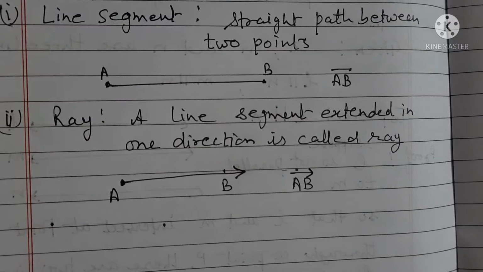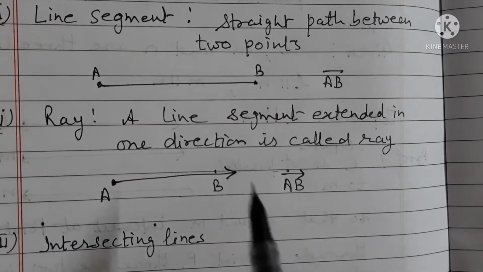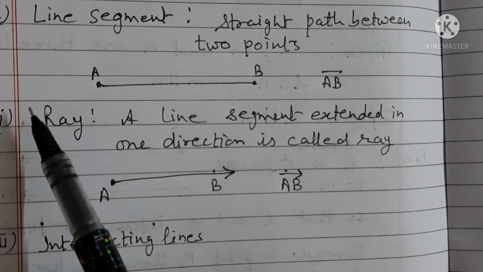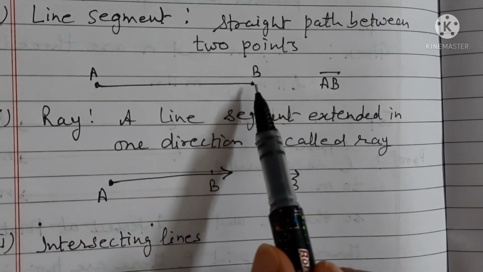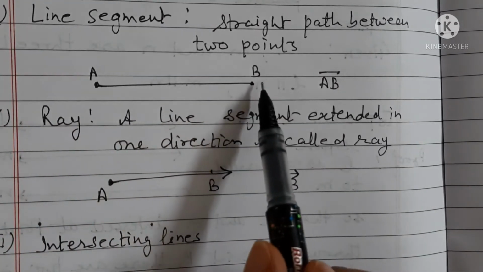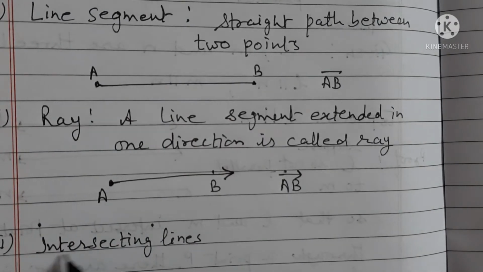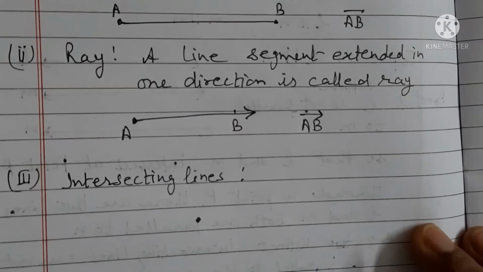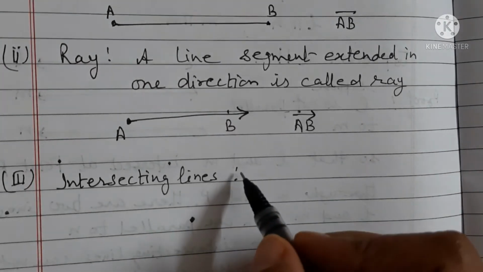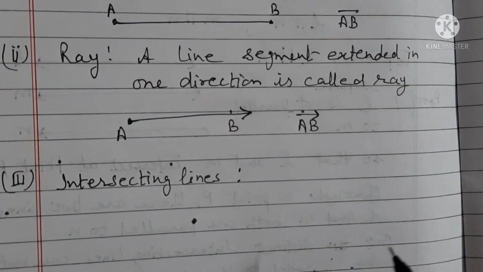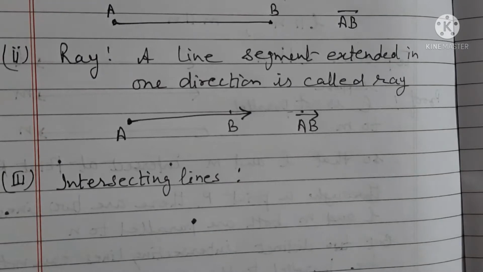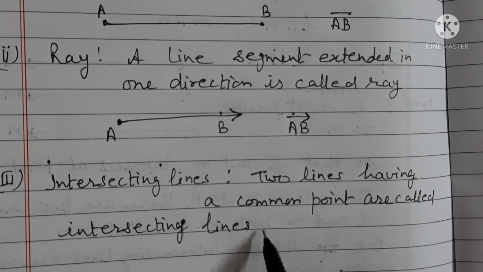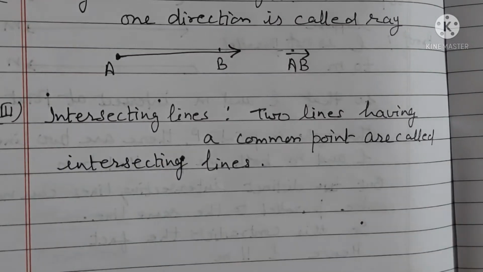Third is line. Line means when line segment is extended in both the direction endlessly, it is called the line. But we are taking intersecting lines, means two lines having one common point are called intersecting lines, like this.